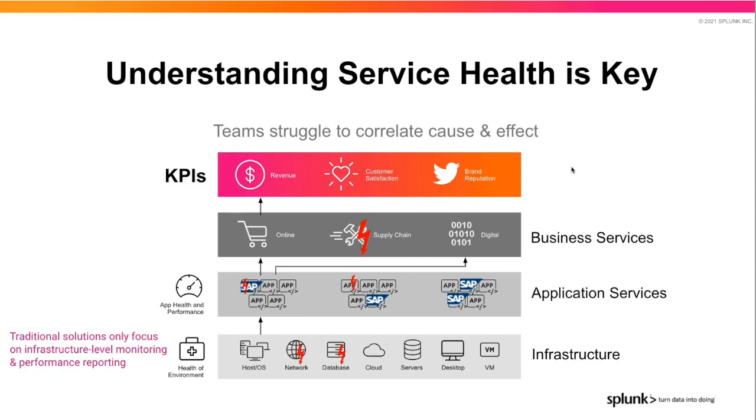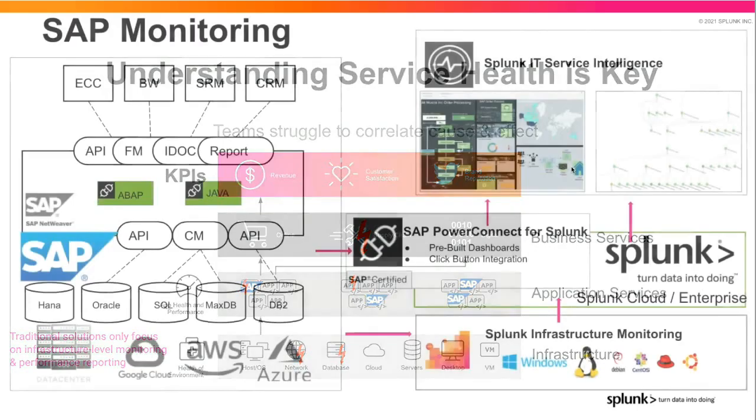This is why it's so important to have all the information collected in a platform like Splunk, so you can have visibility on all layers. Also, you can turn it around: if something fails in your infrastructure layer, you know what impact it will have on your application services and on your business services. Martin will show much more about this later in the demo.